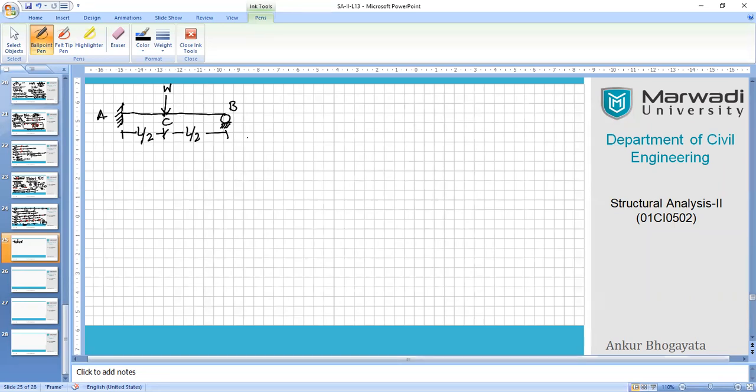So now if I wish to draw the SFBM diagram of this indeterminate structure, as you know, it is indeterminate by 1 degree. So you have to select the redundant. Now you have two choices how to make this structure redundant. Either you can select your VB as one of the redundants, which you can remove, or in case you don't need to remove it, you just need to rename it.